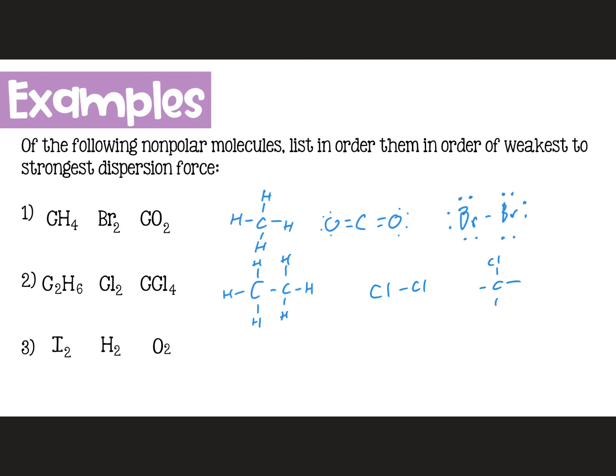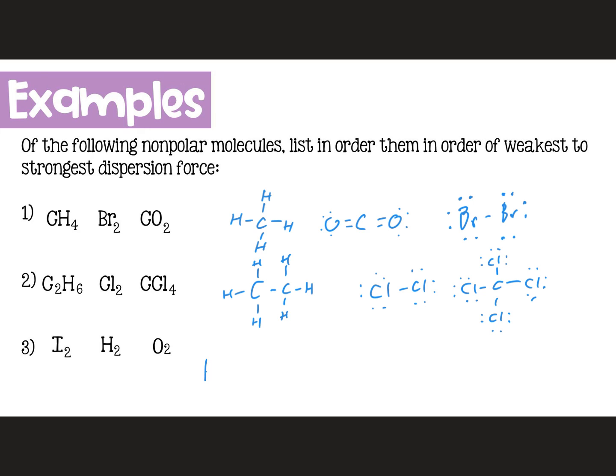Well, while they both have Cl on the outside, which means each Cl has the same number of electrons, the one on the left has less chlorine than the one on the right. So it has less electrons on the outside that can be warped, which means Cl2 has a weaker dispersion force than CCl4.